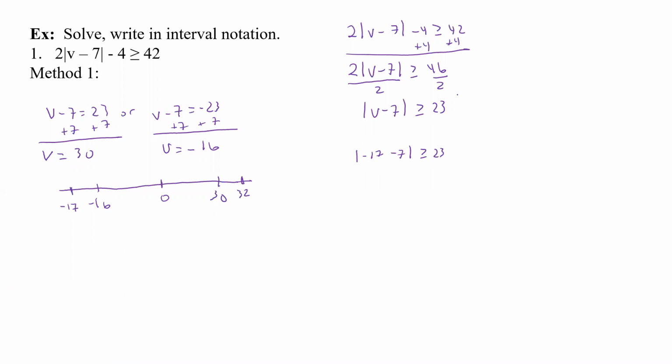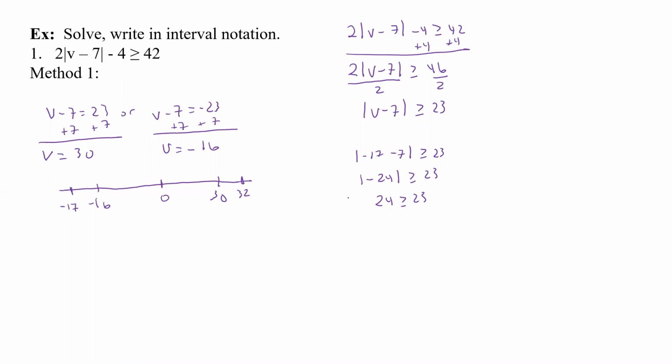This assumes we've done all this work here; otherwise you really should go back to your original. So then we have the absolute value of negative 24 is greater than or equal to 23. Well, the absolute value of negative 24 is 24, and that's a true statement.